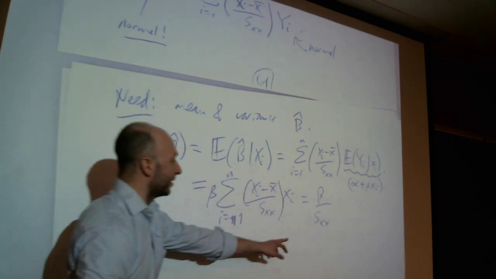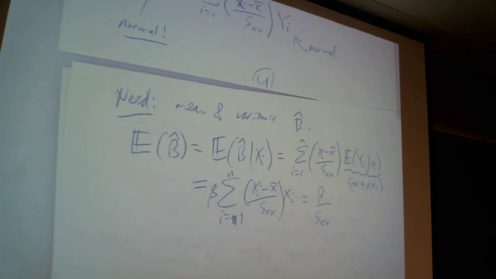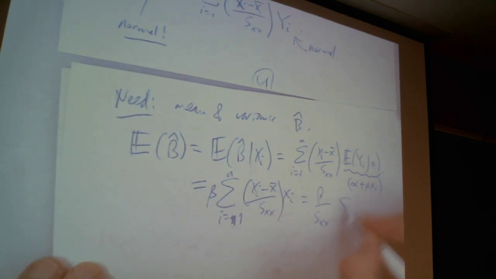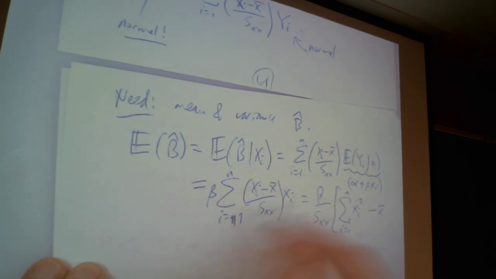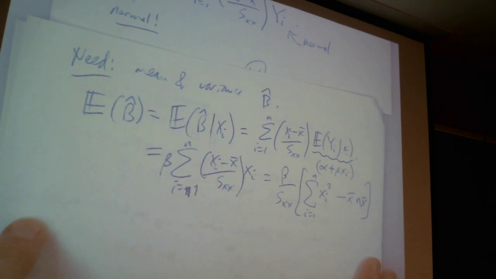This variance of x looking term. And what's left over is a sum as i goes from 1 to n of the xi squared minus x bar, which is a constant, times the sum of the xi, which is nx bar.